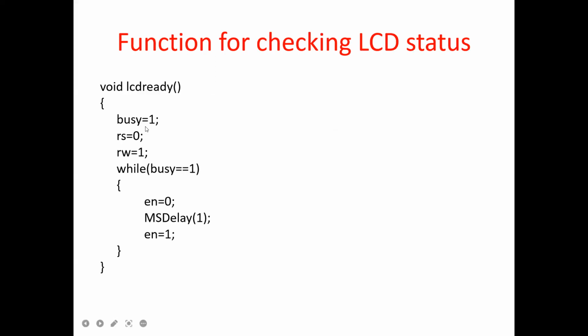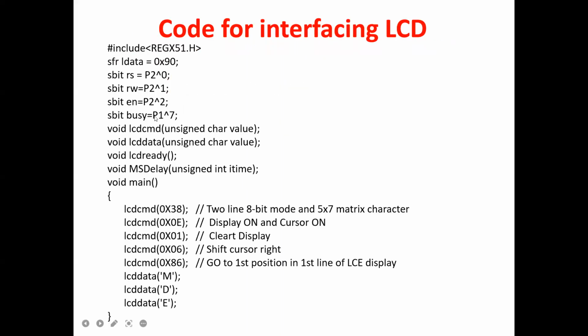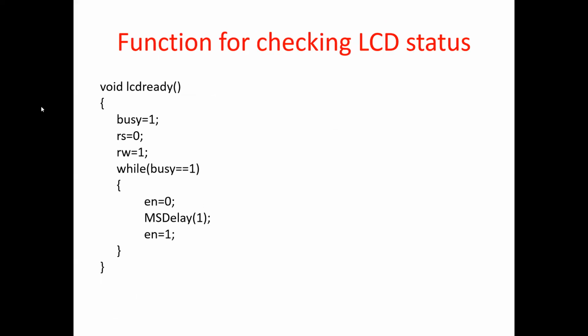LCD ready. Here busy equal to 1. What do we mean by busy here? Busy is P1.7, so port 1 pin 7 is connected to the busy pin of the LCD. We place 1 on it, and it is not data, it is a command with RS equal to 0 (a read of status).